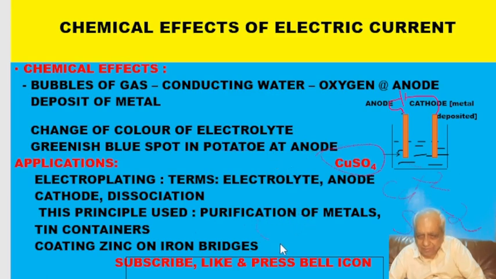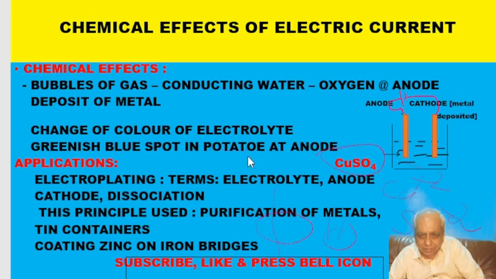If I take a potato and cut it into 2 pieces, with a white color inside, and put two electrodes, one anode and one cathode, after 10 or 15 minutes you will find that at the anode a greenish blue spot will be there. So this also indicates the chemical effect of electric current passing through this potato.